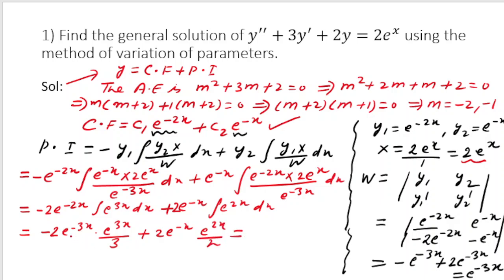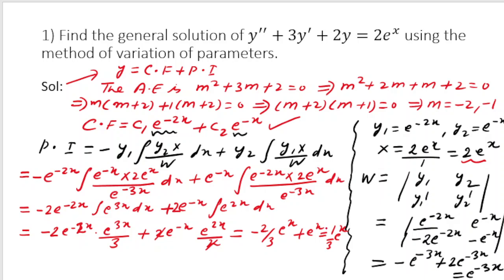So if you simplify, what is the value that you will be getting? Actually it is e to the power minus 2x, so it is minus 2x and 3x, so e to the power x, so minus 2 by 3 e to the power x, and here 2 cancels, so I will get, let me write it, minus 2 by 3 and minus 2x and 3x, that will give me e to the power x, and here it is minus x and plus 2x, so it will give me e to the power x. So this is actually 1 by 3 e to the power x.